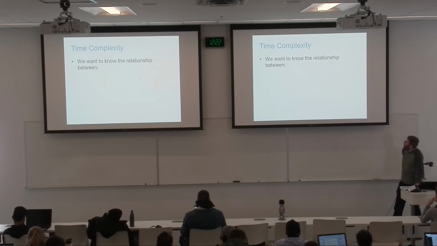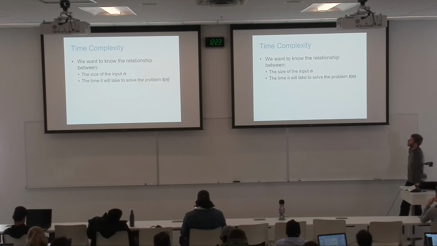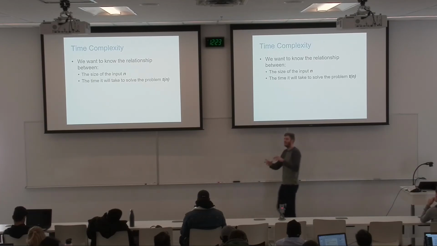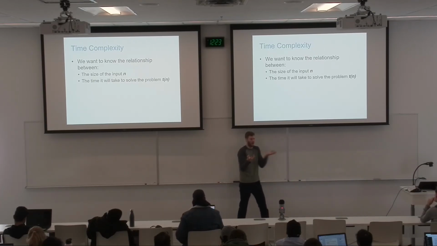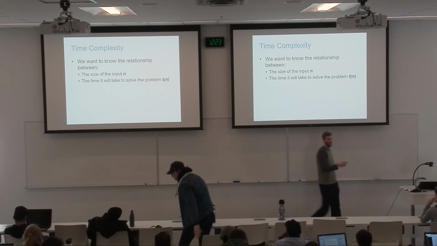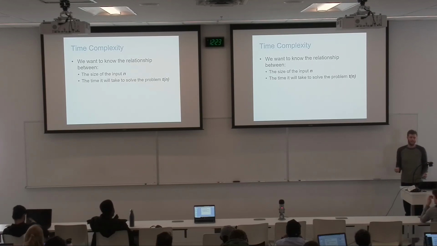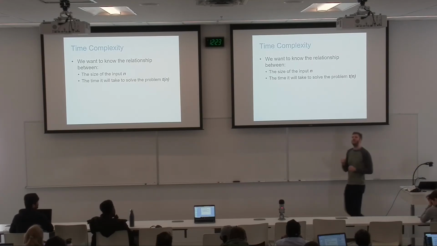We want to know the relationship between the size of the input n and the time it takes to solve the problem in terms of t of n, where t of n is this time function, right? So imagine I have this algorithm, and I know I've got this function t of n.